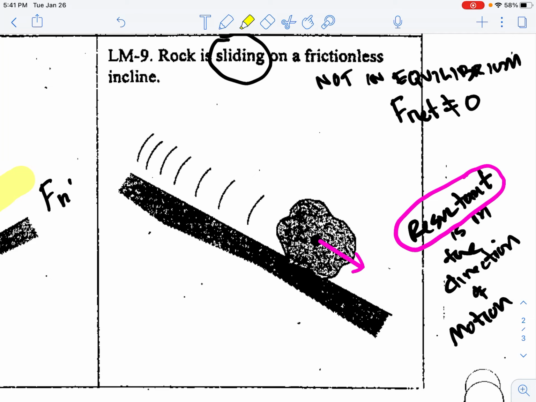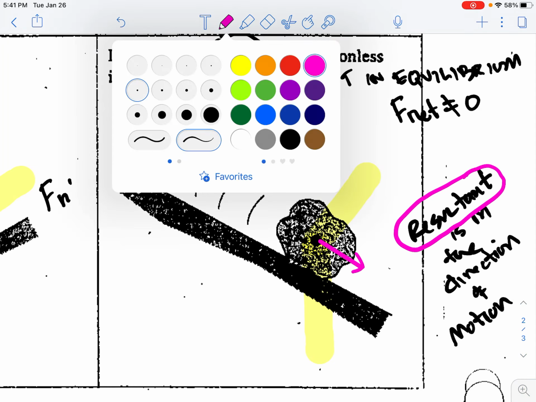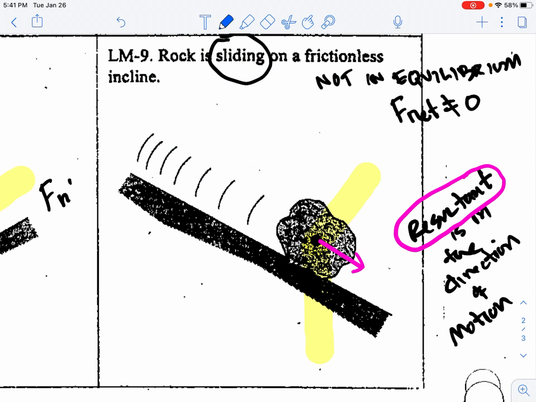One of them is going to be gravity. There's my gravity one right there. And one of them is going to be a normal force. So there's my normal force right there. And if I go ahead and label these, and let me see if I can rough in one of them, we'll use blue for gravity again. So I'm going to make my gravity vector here, the force of gravity.